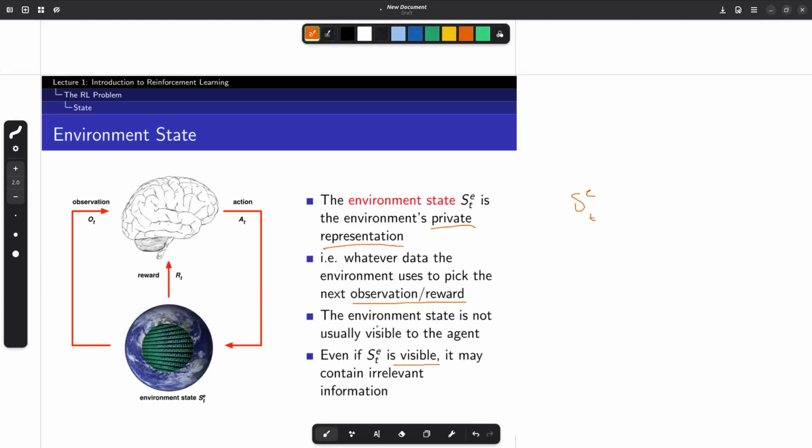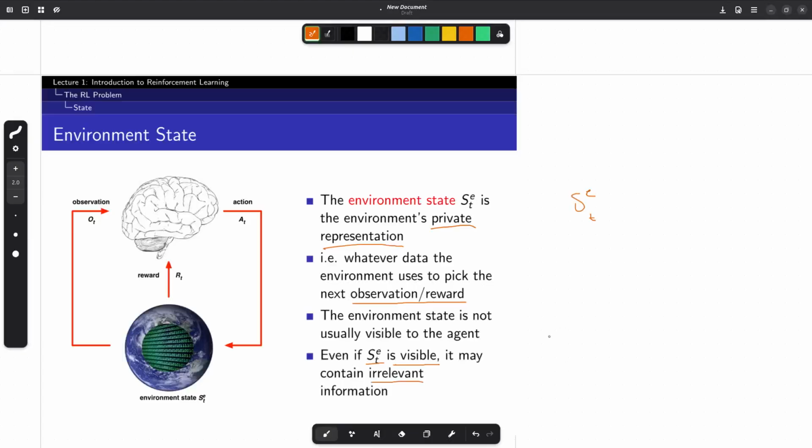Depending on the problem that we are trying to solve, we may have the environment state, or we may not have it. So it really depends on the problem that we are trying to solve. And if we had the environment state, it may have some irrelevant information that we don't need for solving the problem.